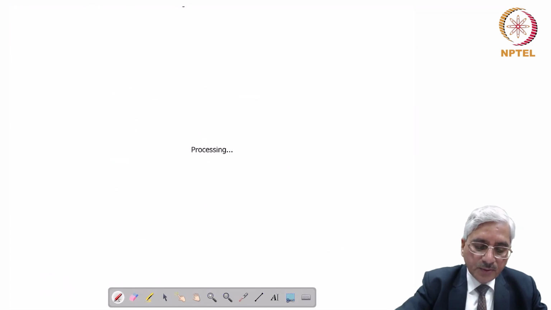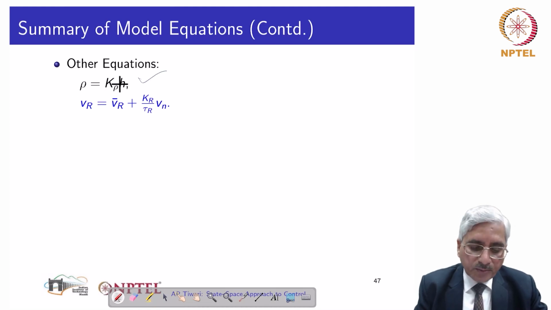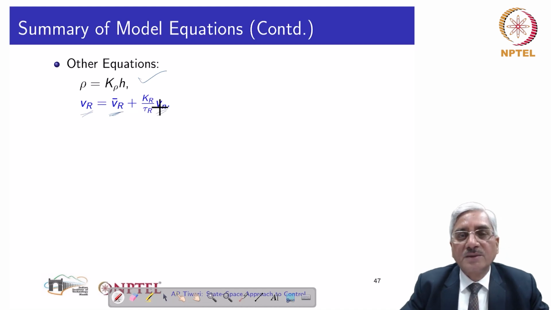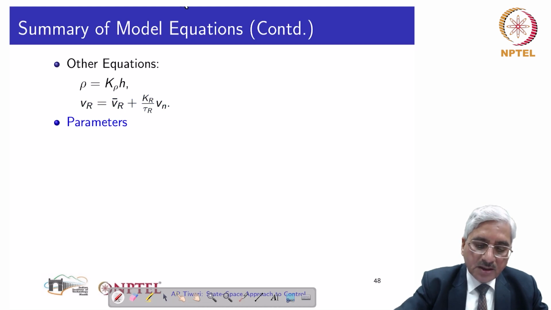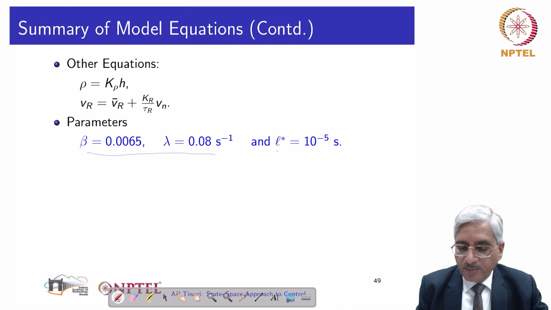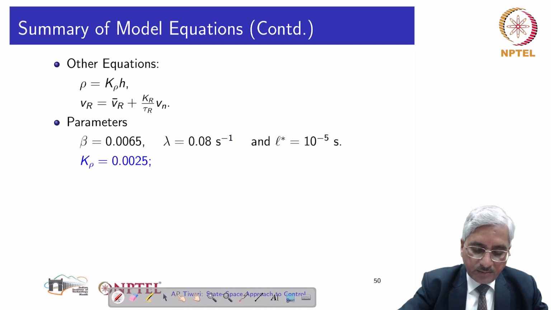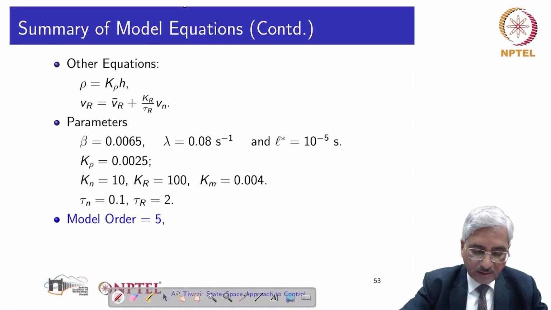Additionally, we have 2 algebraic equations. One is this one, relating reactivity to the control rod position, and the other relating the output of the differentiator to one intermediate variable VR bar and that voltage of the linear amplifier. And we have these various parameters. These are the neutronic parameters. This is the prompt neutron generation time, as we saw, and these are the other constants. They were quoted while discussing the equations.